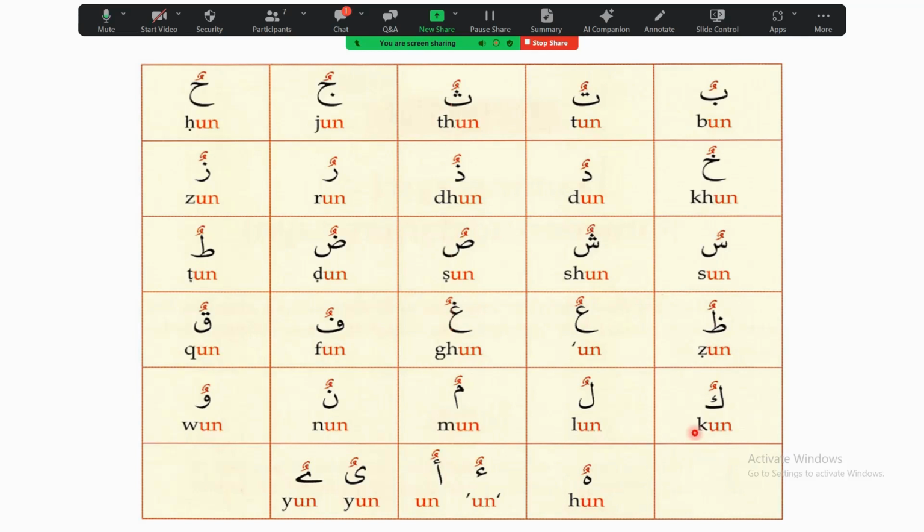The next one is light kaf, kun, lam, lun, mim, mun, noon, nun, waw, wun. Ha letter, hun. Hamza letters, un, and ya letters, yun.